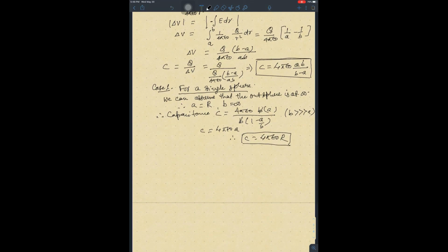For a single sphere, the value of capacitance depends only upon its radius.